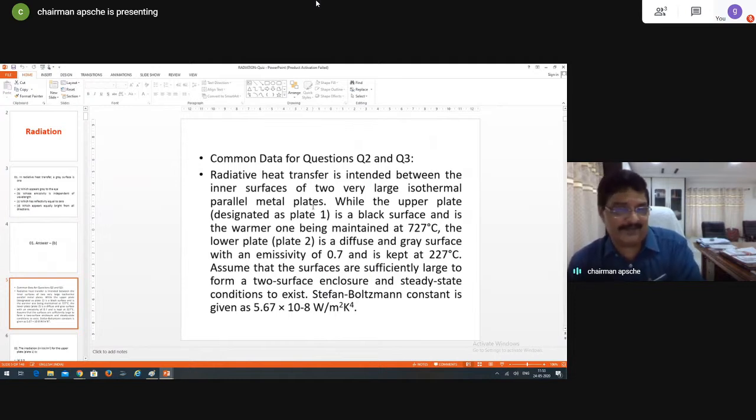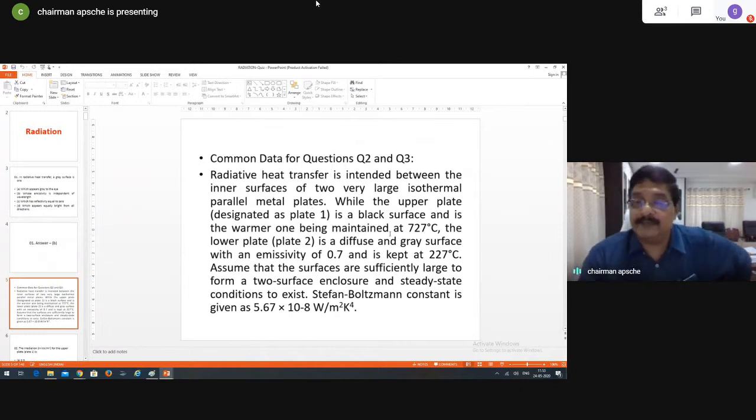Degree centigrade we never use, so immediately you add 273, that becomes 1000 K. The lower plate, plate 2, is a diffuse and gray surface, meaning it's a real, non-black body surface. Its emissivity epsilon is 0.7 and it's kept at 227 degrees centigrade. Adding 273, you get 500 K.